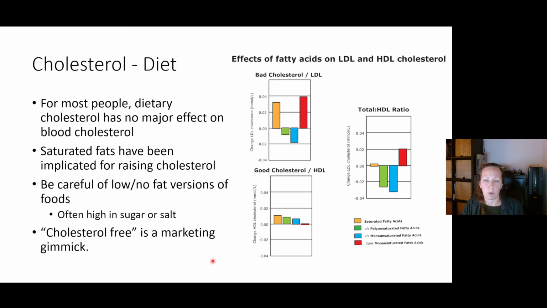All animal products are going to have cholesterol in them, and not all plant-based products are going to have no cholesterol in them. It's just on there for marketing, because they've realized that people are ignorant of what some of the labels mean, and cholesterol free sounds good.